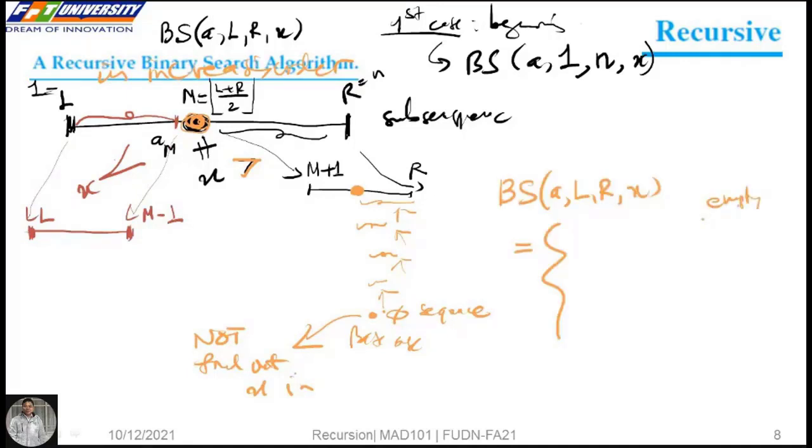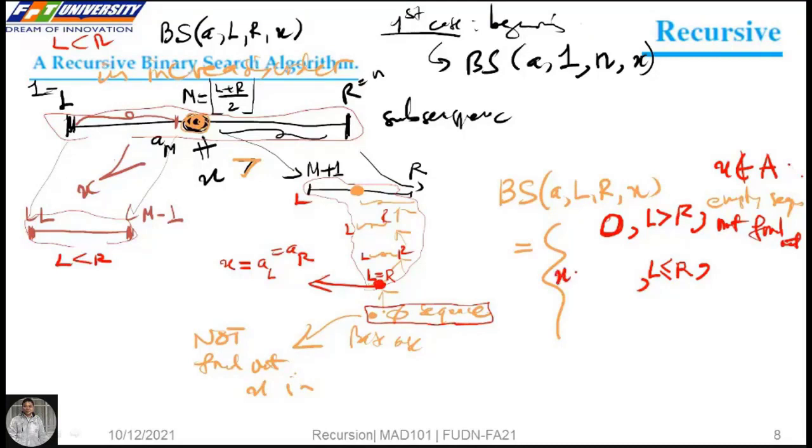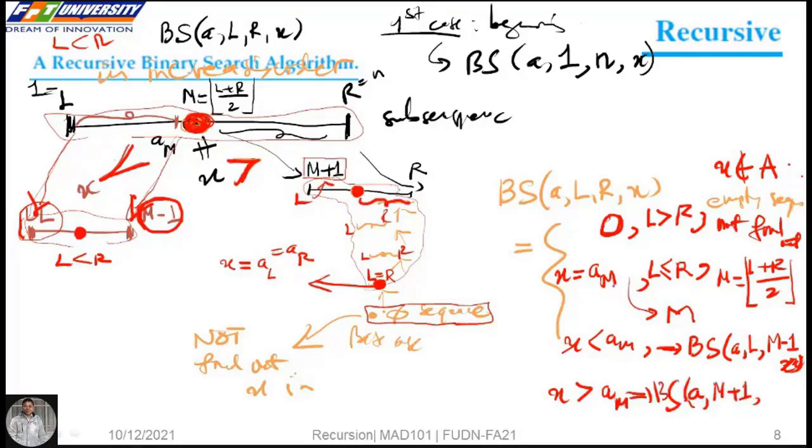If the sequence is empty, the result of the search is 0, h does not belong to A. Here, L is greater than R. Otherwise, we do a comparison of h with A[M], for M is (L plus R) divided by 2. If equal, we return the position M. If h is less than A[M], we restrict the search to BS(A, L, M minus 1, h). If h is greater than A[M], we reduce the search to M plus 1 and R.